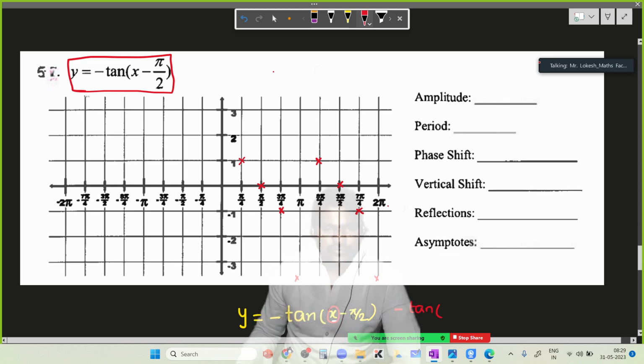So overall, if you plot the graph, it starts at infinity at 0. The value of the function at pi is negative infinity, and at 2 pi also negative infinity.